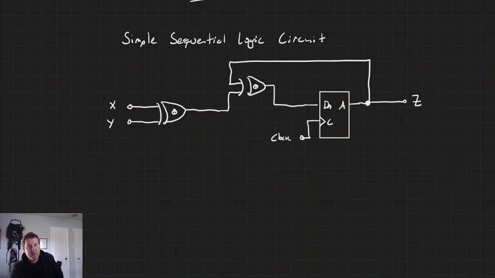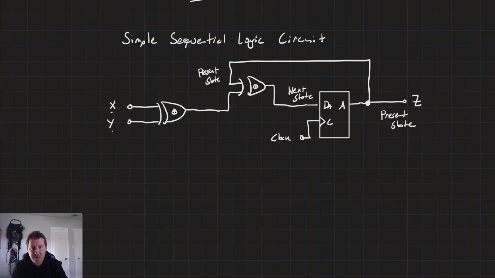So here's our logic circuit. X and Y are inputs, they're XORed together. They get XORed with the present state to produce the next state, and the output is itself tied to the present state. So that's the logic circuit.